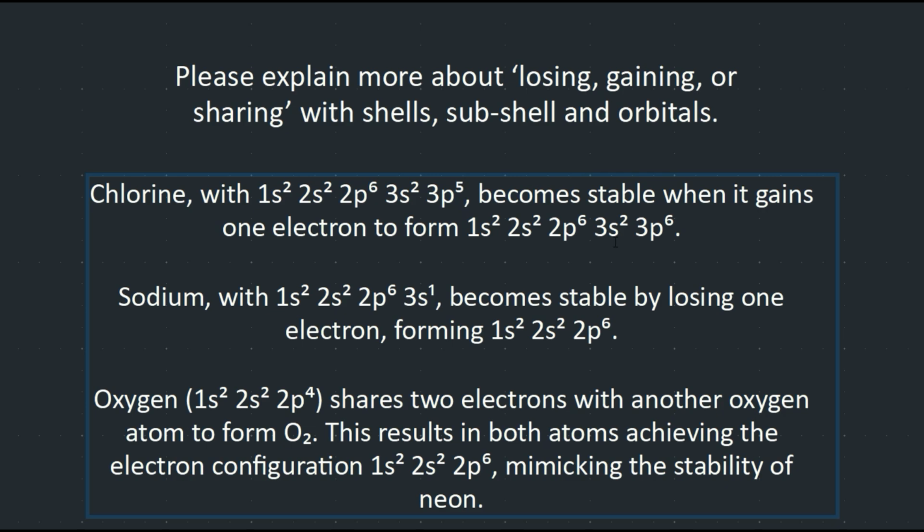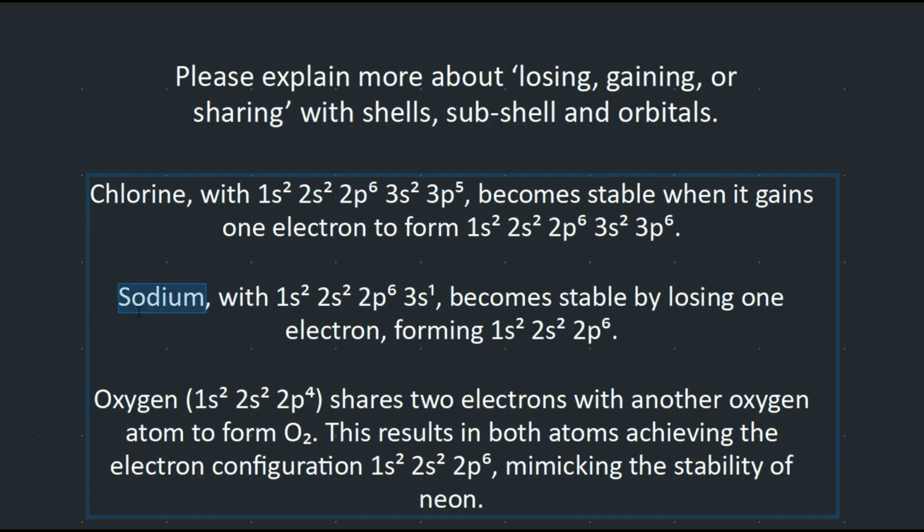Right? The noble gas next to it has a configuration of 3p6. So what do you think chlorine will do? Don't read anything, just think about it. Chlorine has 3p5. The closest neighbor that chlorine has is 3p6. So chlorine will, yes, gain one electron to become stable.